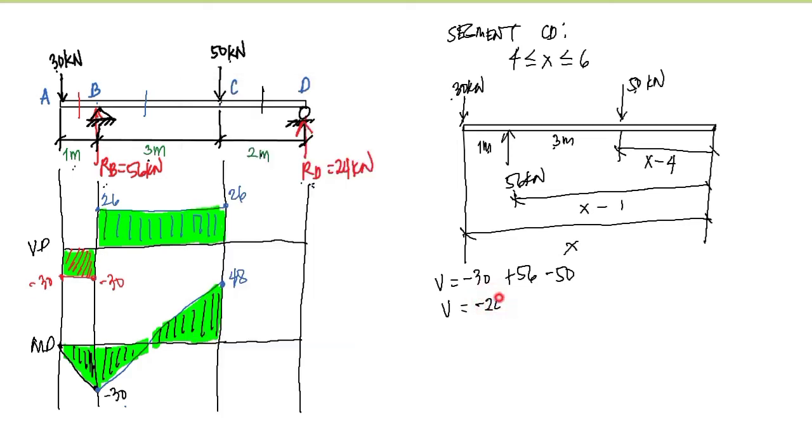So we have here negative 24 kilonewton, and this equation here is the equation of our shear for the segment CD.